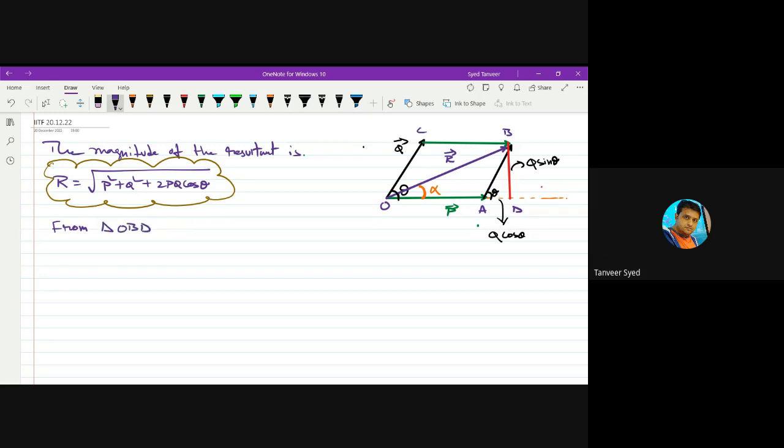From triangle OBD, OBD is a right angle triangle. Here it is, this is the right angle. From triangle OBD, I can write tan alpha is the ratio of the opposite side in a right angle triangle to the adjacent side.